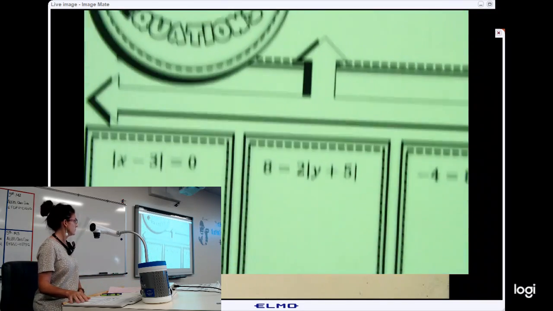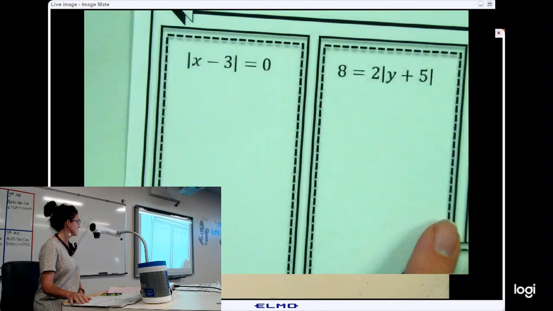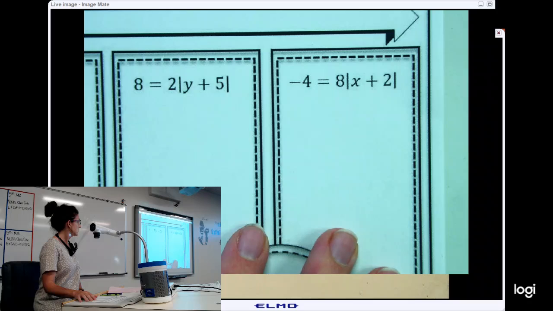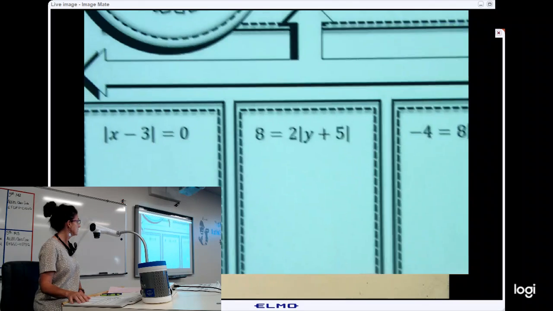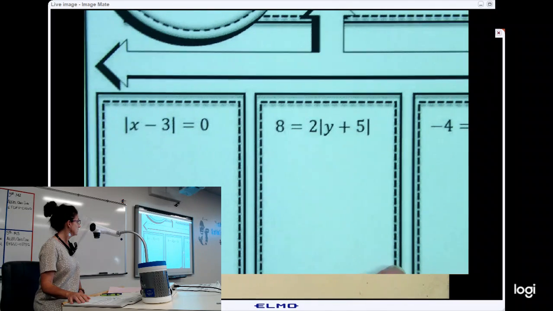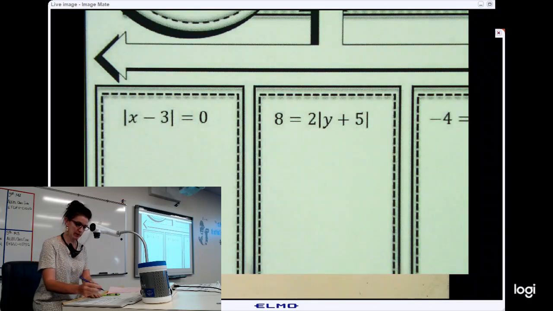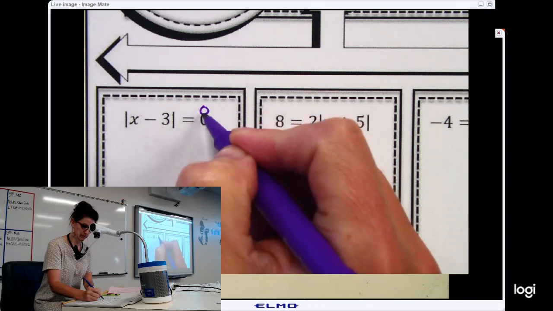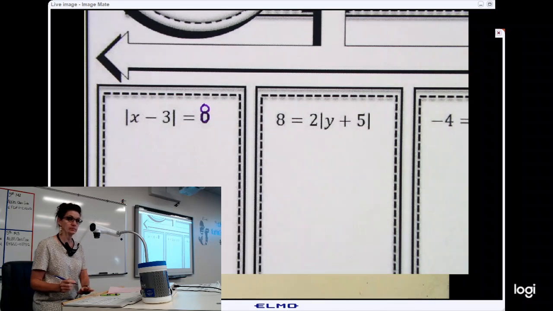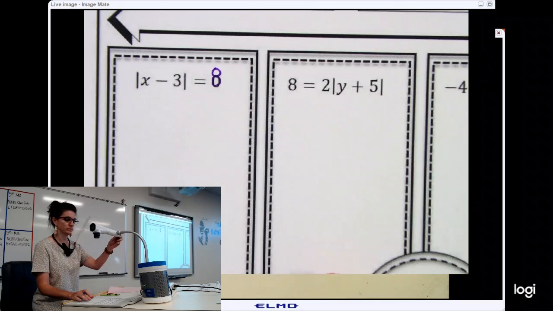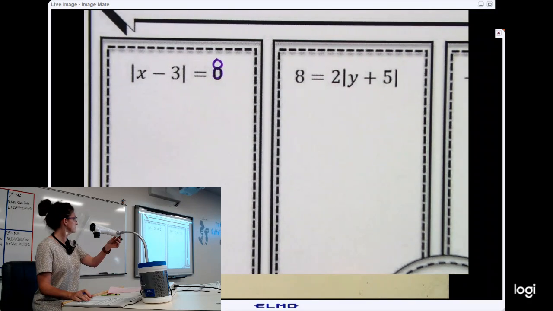So absolute value equations. I want to start, I think, where do I want to start? Let's change this one. Let's make this one equal 8. And we've got 2 solutions.